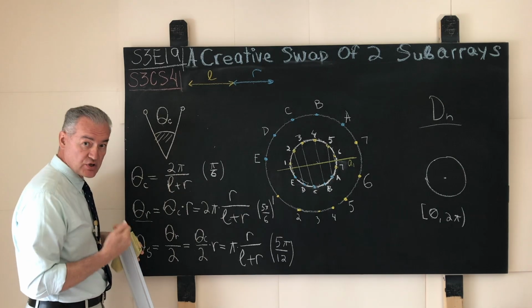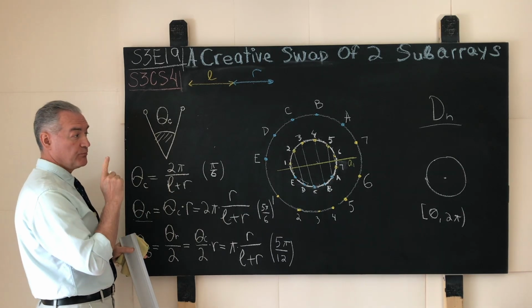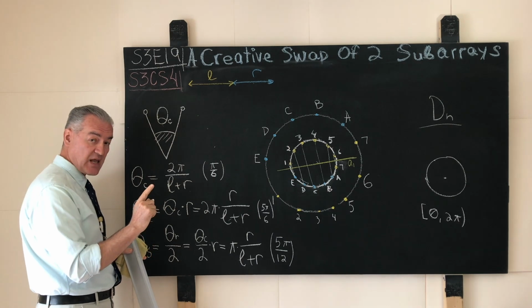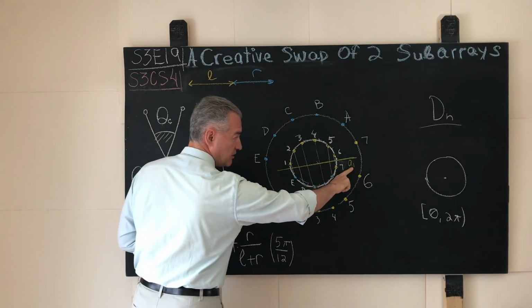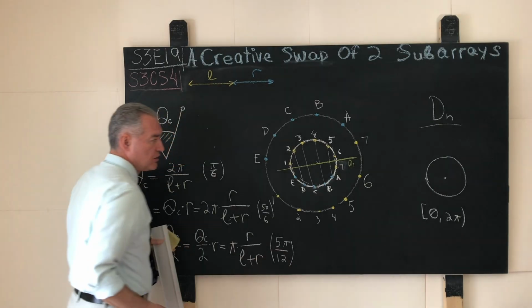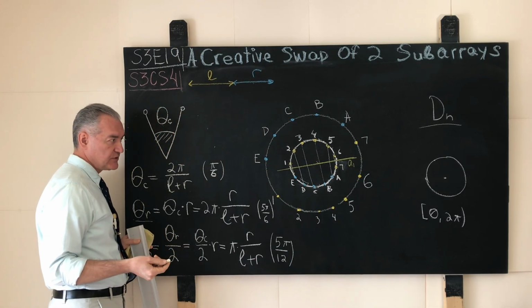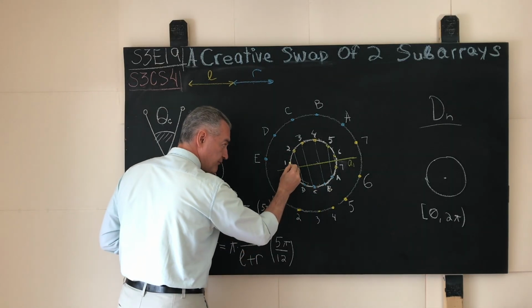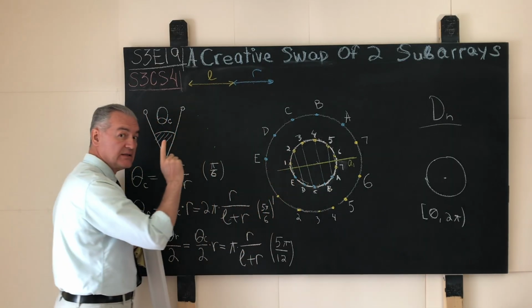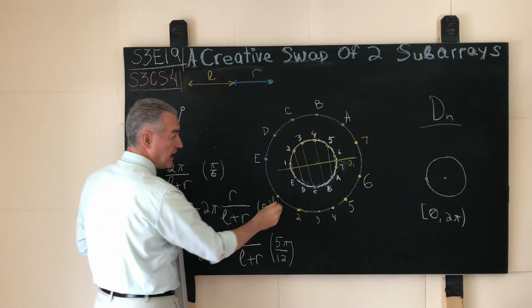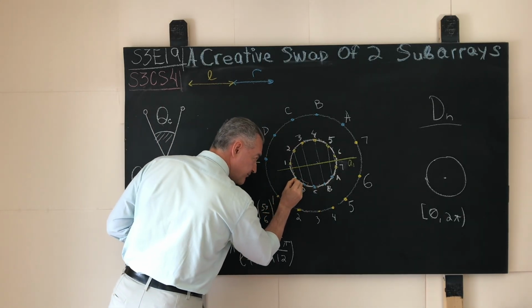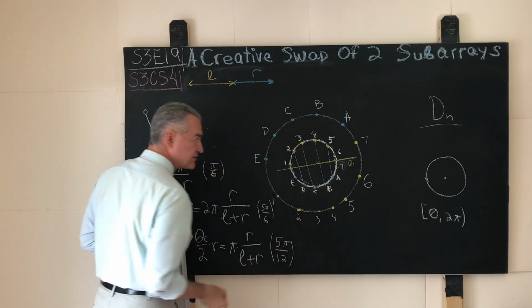And because we're in control of the placement of the first axis of reflection, which I still name A1, we can always place that axis of reflection between the first element of the left subarray and the last element of the right subarray.